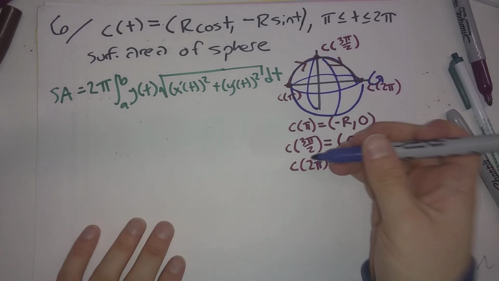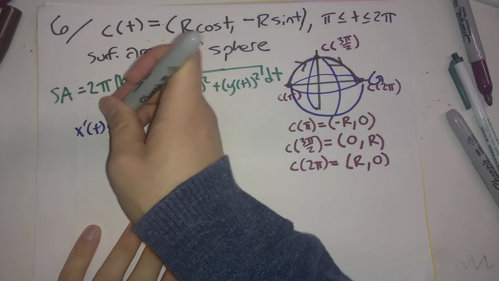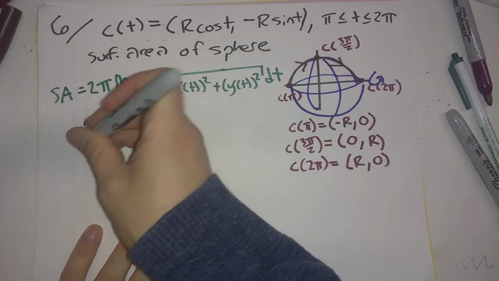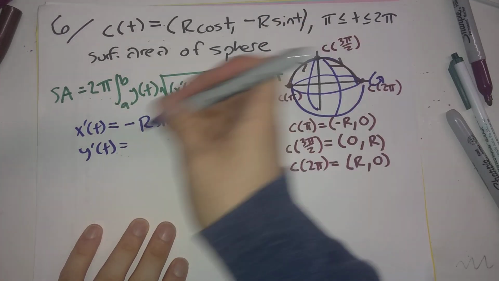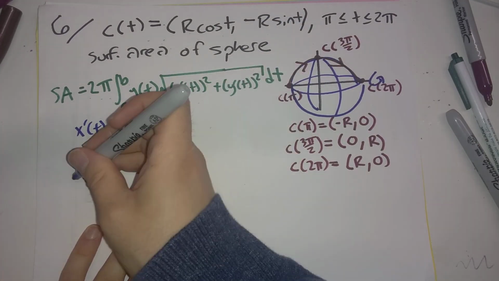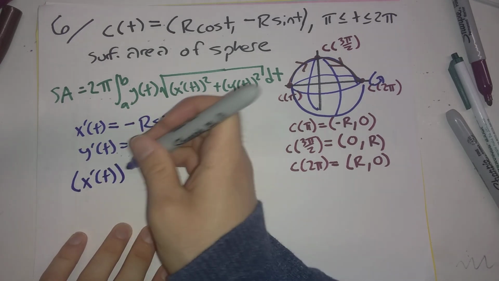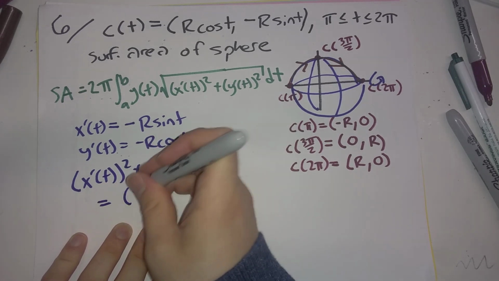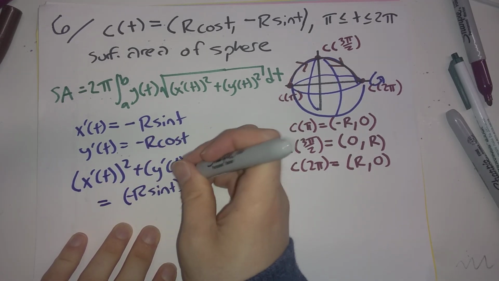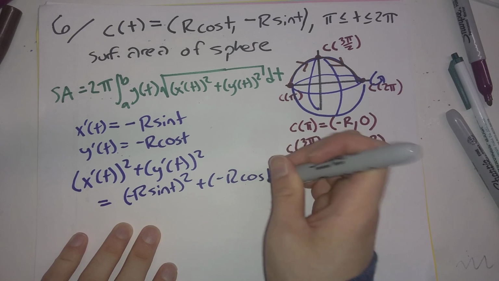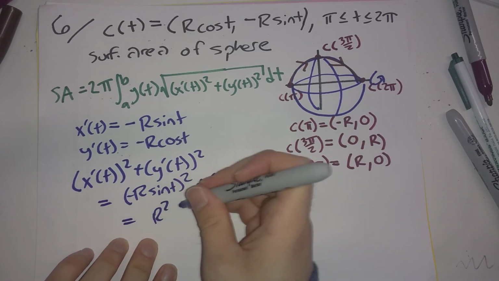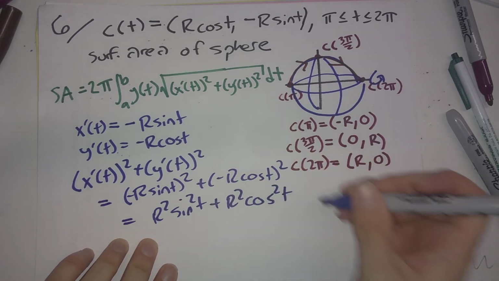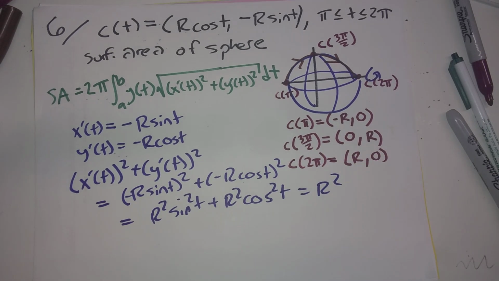So let's start plopping in everything. X prime of t is equal to minus r sine t. Y prime of t is equal to minus r cosine t. X prime of t squared plus y prime of t squared is minus r sine t squared plus minus r cosine t squared, which is r squared sine squared t plus r squared cosine squared t. And that's just r squared.